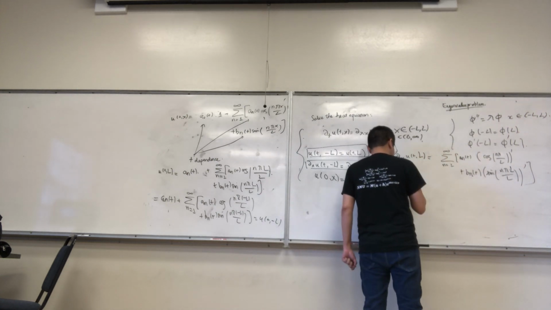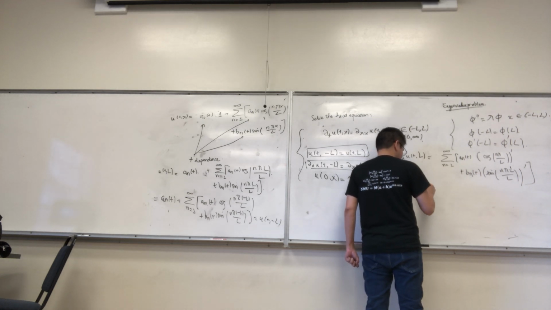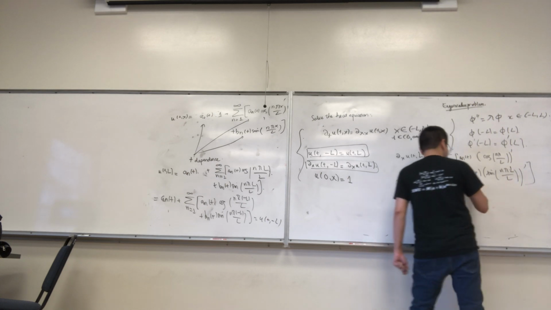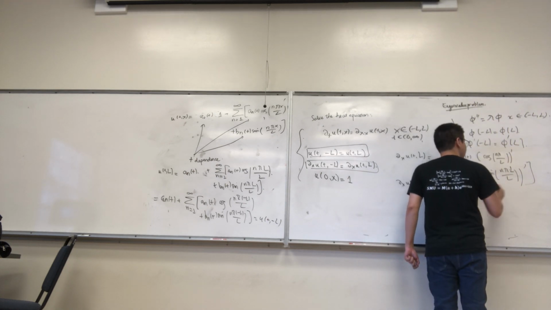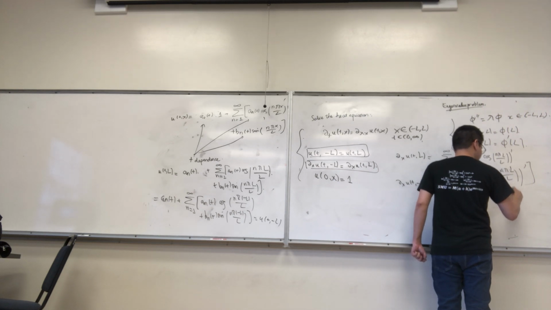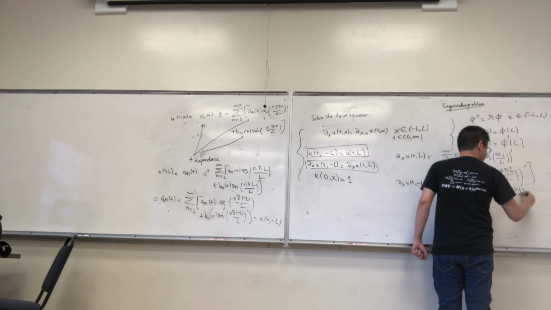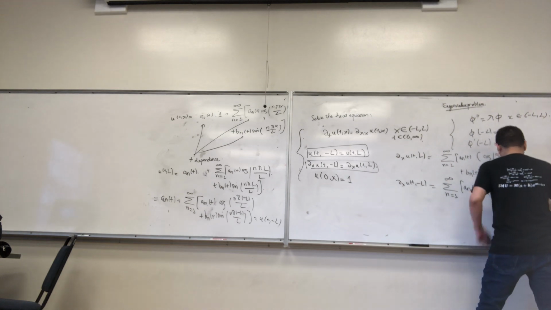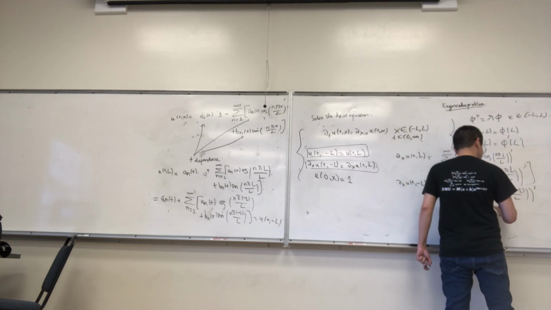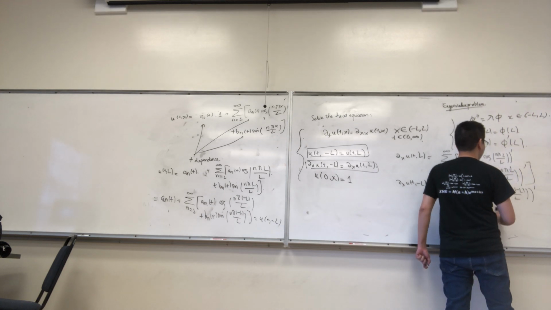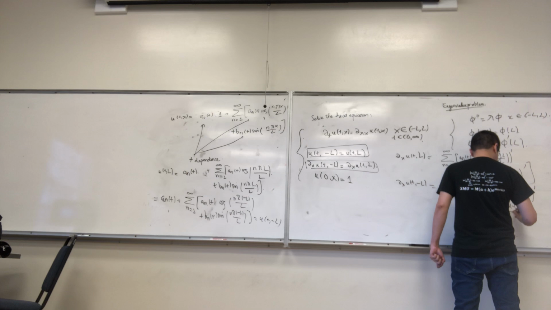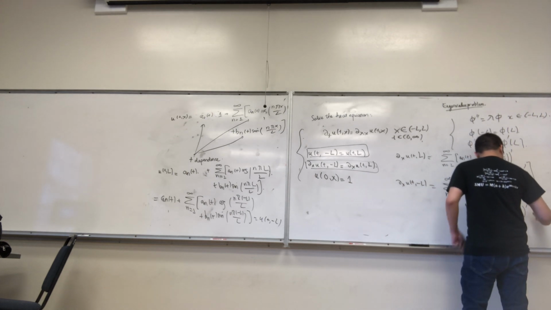And so you have the derivative in x of u(t, minus L), the sum from n equals 1 to infinity of an(t) cosine of n pi times minus L over L prime plus bn(t) sine of n pi times minus L over L prime.